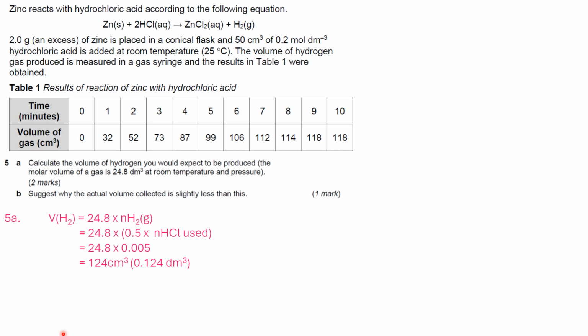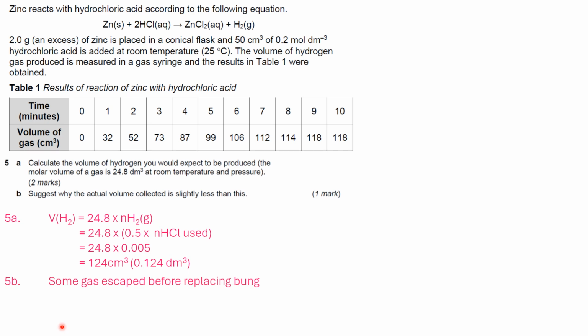We've already worked out that there's 0.01 moles of HCl, so therefore the number of moles of hydrogen will be 0.005. So multiply that by 24.8 and you get 124 centimeters cubed, or 0.124 decimeters cubed.